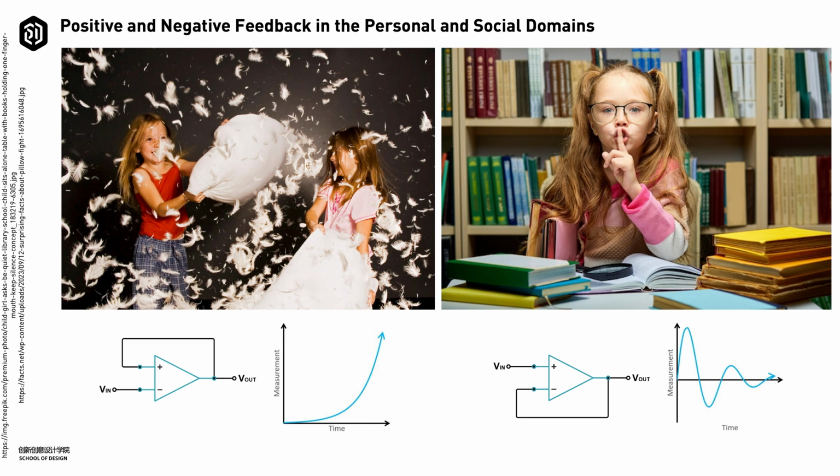You can look at escalating interpersonal situations in terms of positive feedback. You can look at the opposite in terms of negative feedback. And we can be thought of as humans as being self-regulating systems. Obviously, on a biological level, we all self-regulate.